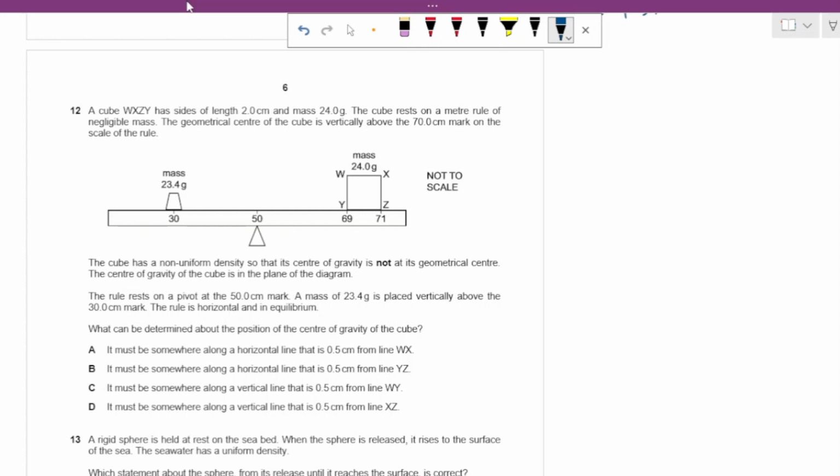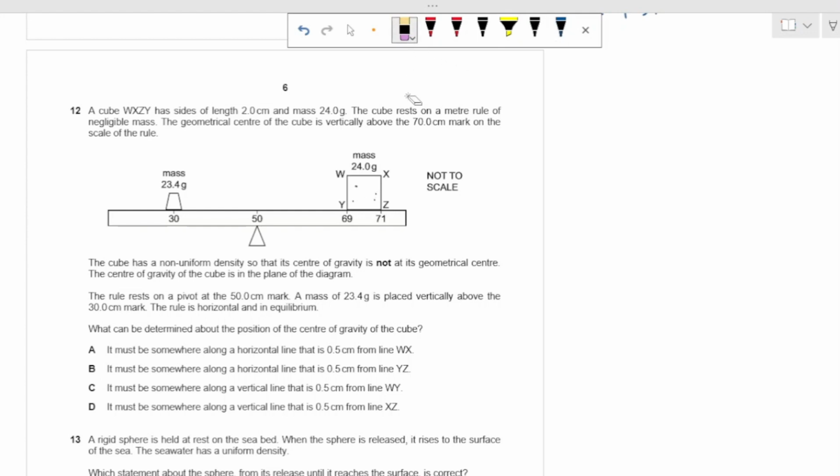Alright, so they've said to us that the center of gravity of the cube is not in the center. Usually it would be in the center if the object is uniform, but in this case it isn't. So the center of gravity could be anywhere, here, here, here, here.